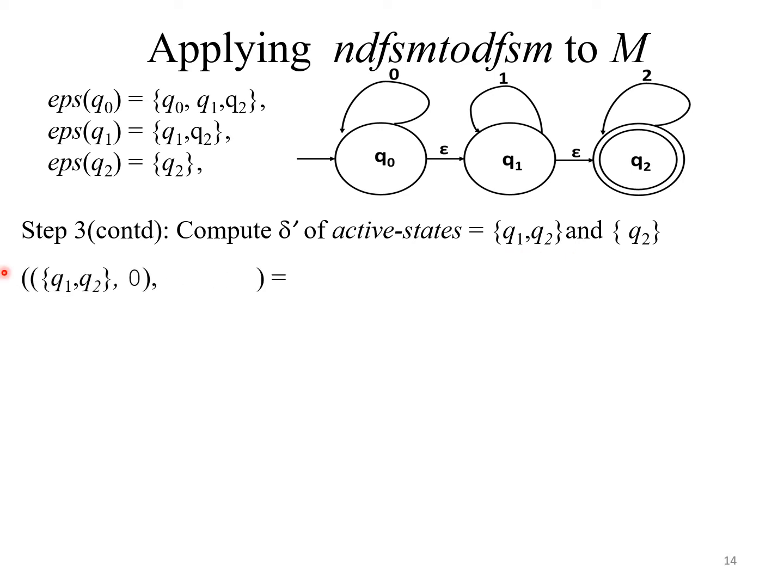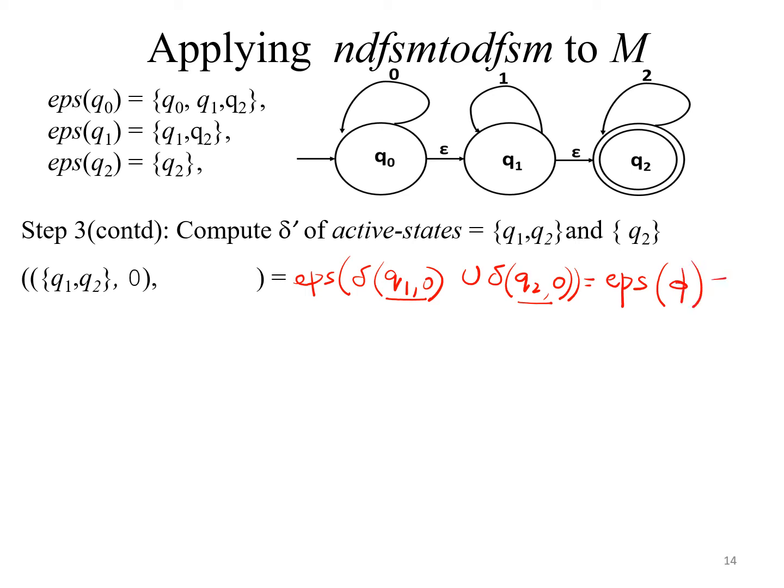First, Q1, Q2, 0 is equal to EPS of delta of Q1, 0 union delta of Q2, 0. That is equal to EPS of Q1, 0, there is no transition. Q2, 0, also there is no transition. So EPS of null is equal to null state.